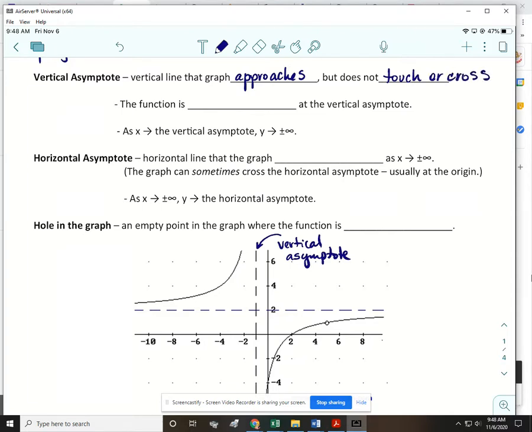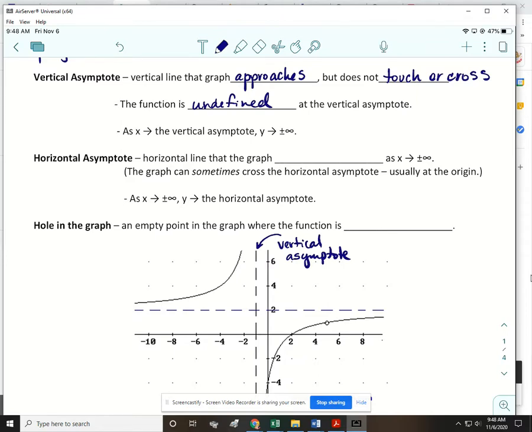Another thing to keep in mind with a vertical asymptote is that the function is undefined at a vertical asymptote. What happens on vertical asymptotes is you plug in that value and you get something like 2 over 0 or negative 5 over 0, which means the function is going to be undefined there because we cannot divide by 0.